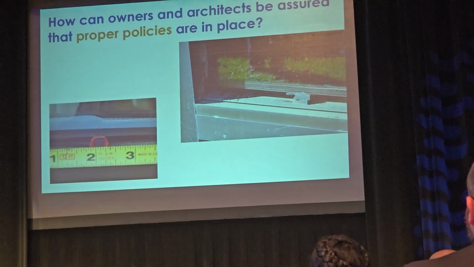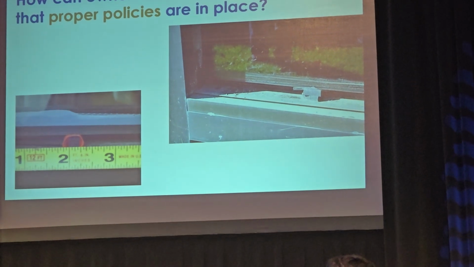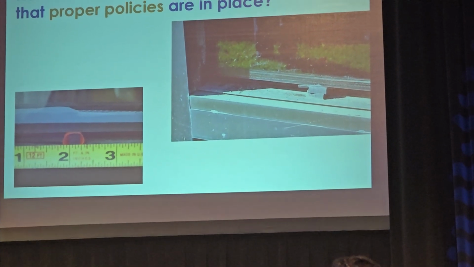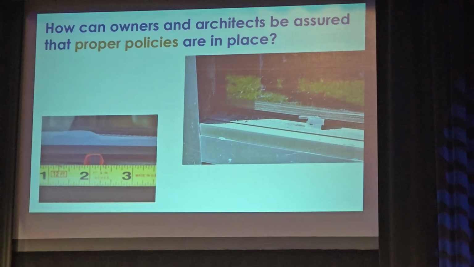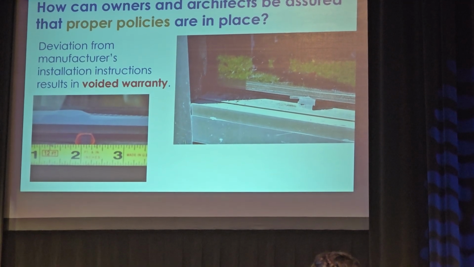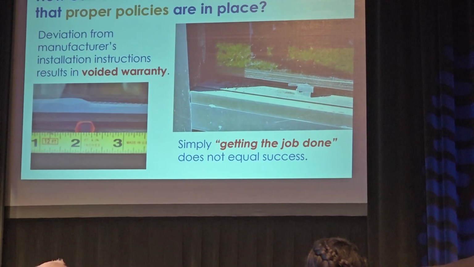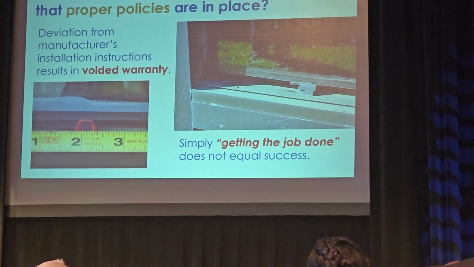Because at the end of the day, owners, architects, general contractors, they need to be assured that proper policies are in place, because those little defects that some of these photos are showing are going to lead to a voided warranty, and this idea of simply getting the job done does not equal success.